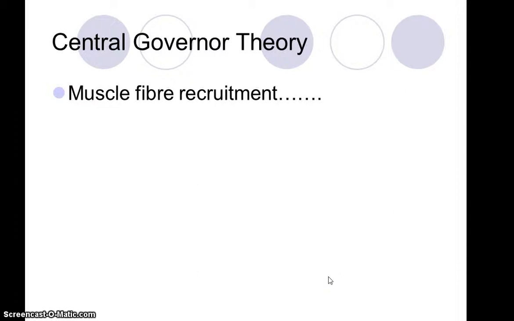But the guy who discovered central governor theory, a guy called Noakes, he found that that wasn't actually the case, that we didn't start to recruit more fibers. So there wasn't an attempt by the body to compensate for that. He found that that didn't happen.